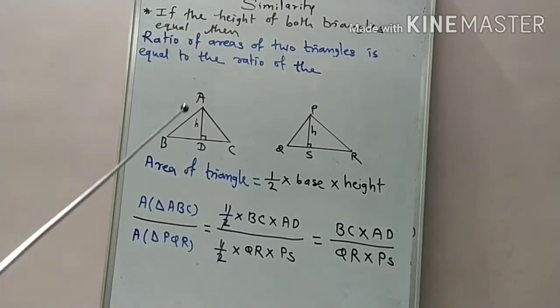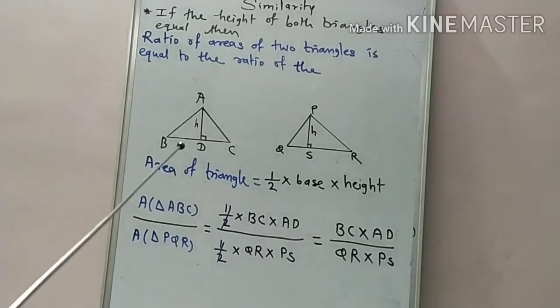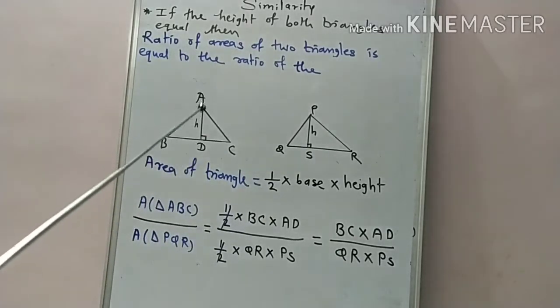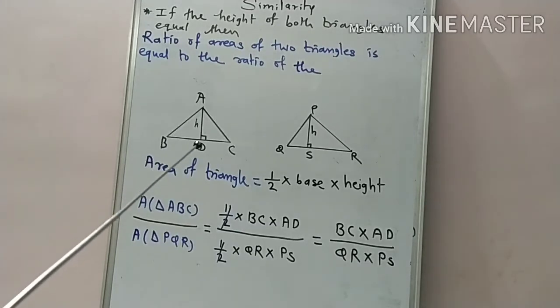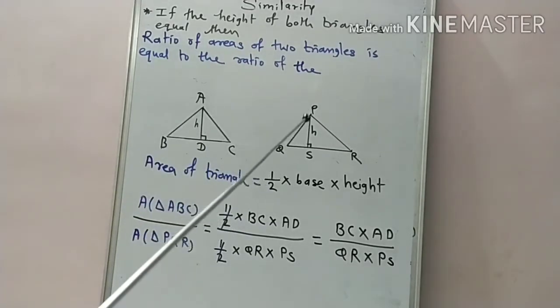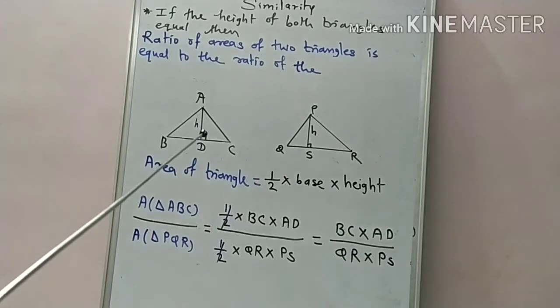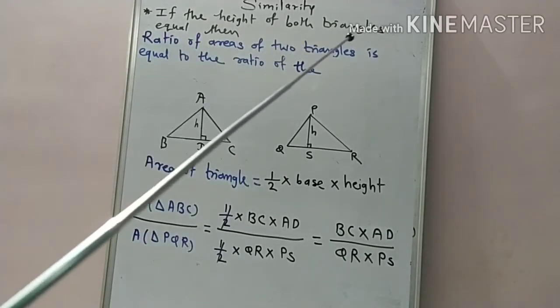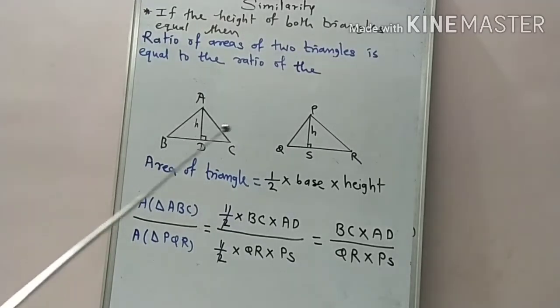Then we see here in triangle ABC and triangle PQR, BC and QR are taken as bases for those particular triangles. So here we draw the perpendicular AD, which is the height for triangle ABC, and PS is the perpendicular height of triangle PQR. But AD and PS, we take the heights of both triangles as equal, H.